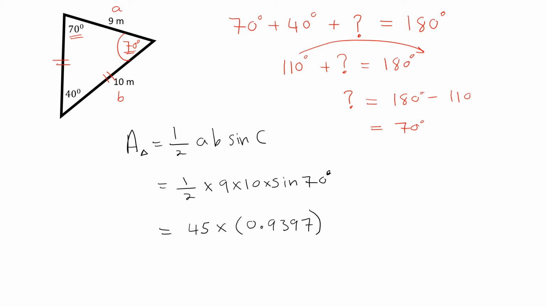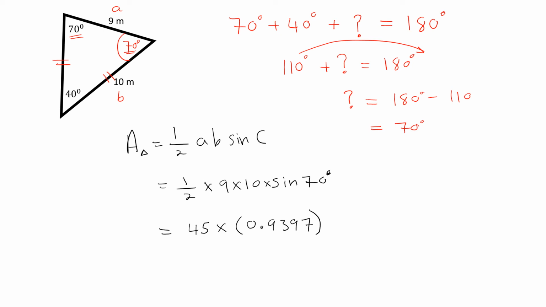Oftentimes you could round it off, or you could just multiply everything out in a calculator by 45, which I will do here. For us to get the same thing, let me do it right with you. So I will use 0.9397, so that whatever you're working out, me and you would get the same thing.